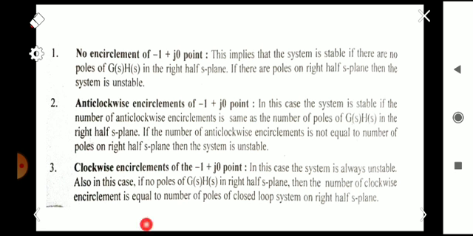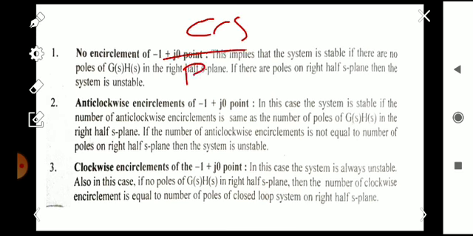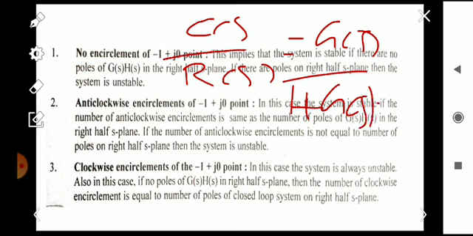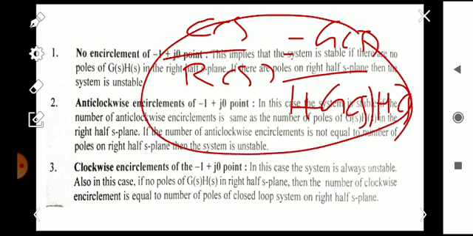But we can make some assumptions based on that. If there are no poles of G(s)H(s) in the right half of the s plane, then the number of clockwise encirclements is equal to the number of poles of the closed loop system in the right half of the s plane. The closed loop system is C(s) by R(s), that is G(s) by 1 plus G(s)H(s).